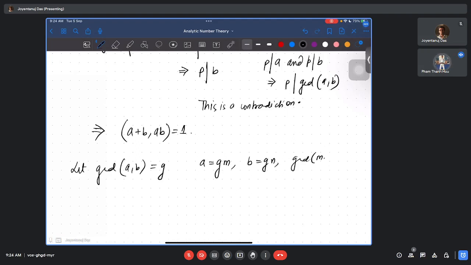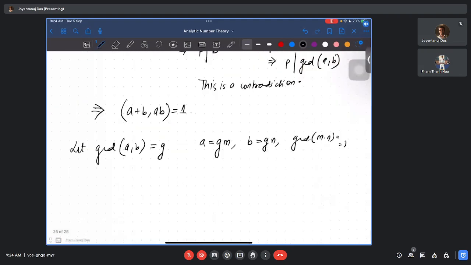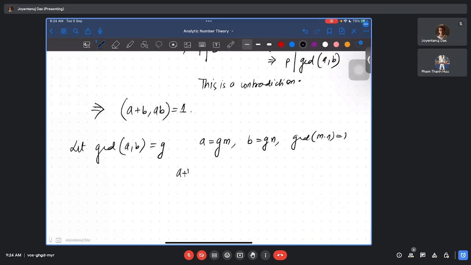So I can take out everything. The term A plus B comma LCM of A and B is now G times M plus N, and the LCM is GMN.